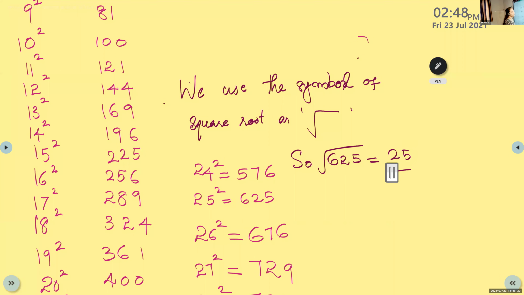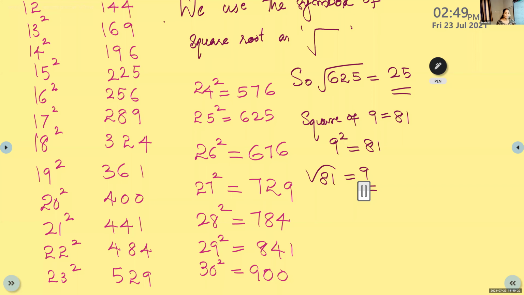You understood all this? And the square root of 81 is 9. Okay. So square root of 625 is 25. Square root of 81 is 9. And what is square root of 900? 30. Yes, 30.